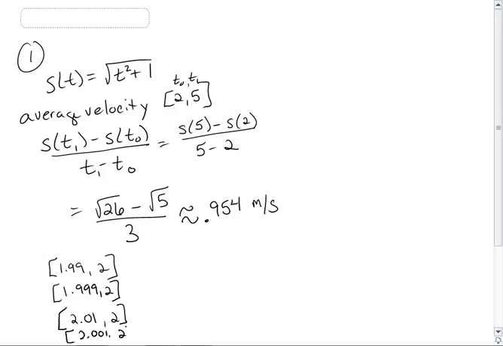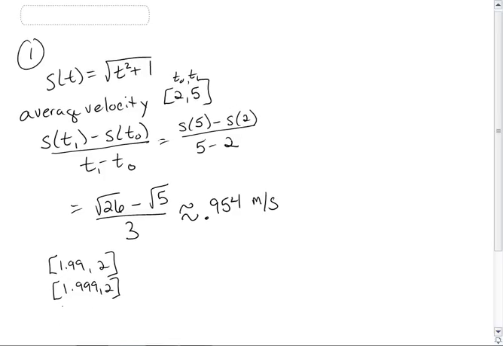Oh, sorry, obviously, silly, on the other side. So from 2 to 2.001, and then 2 to 2.0001. Something like that would be good.